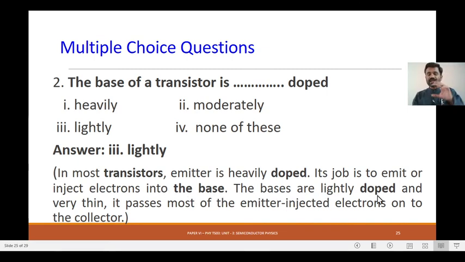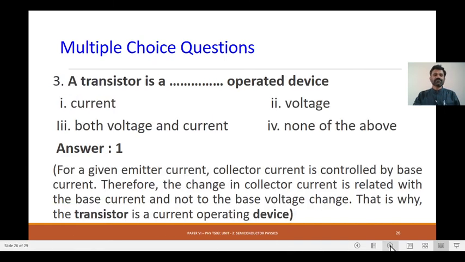The base is lightly doped and very thin, because it has to pass most of the emitter injected electrons on to the collector. Only then can it give the charges to a collector. Hence, it has to be lightly doped. Also, its thickness should be very thin.